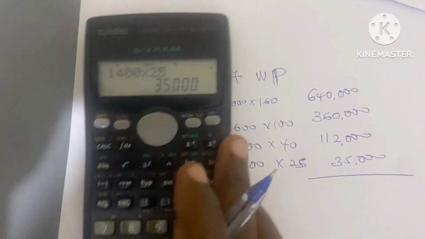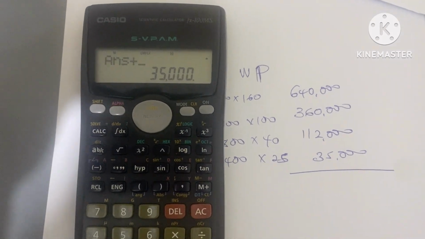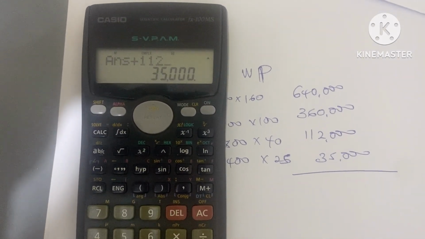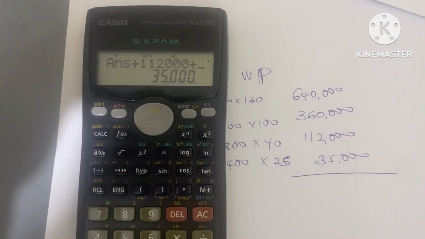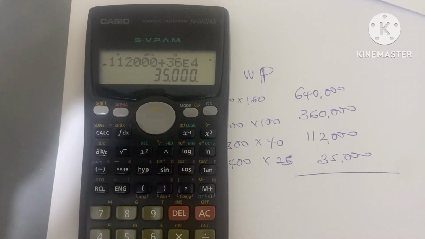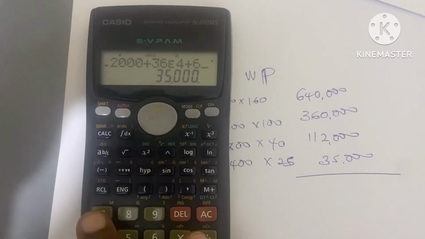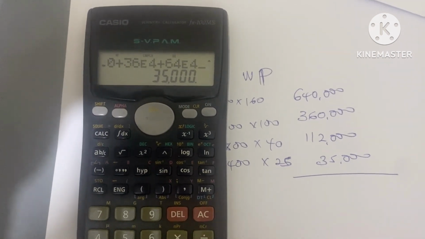Then you add that to 640 plus 360 plus 112 plus 10,000.